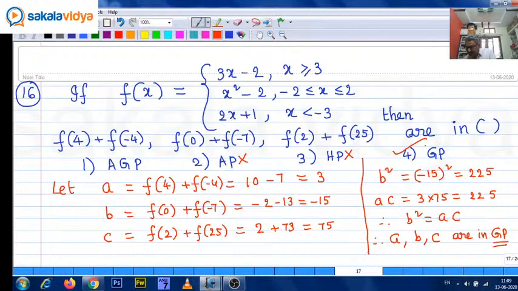Exactly correct. Okay. Now Mr. Kiran Kumar, you check it now. Not think, GP, GP only.